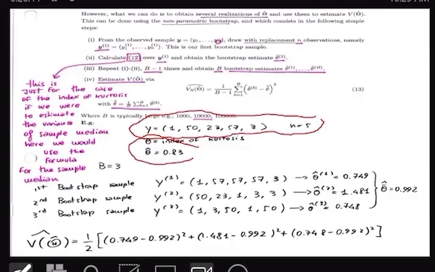Does that make sense? So my B equals 3, which means I'm only going to have 3 bootstraps. Now, for the first bootstrap, I need to create a bootstrap sample, which means I'm actually going to sample from the original data set. My sampling will be with replacement.